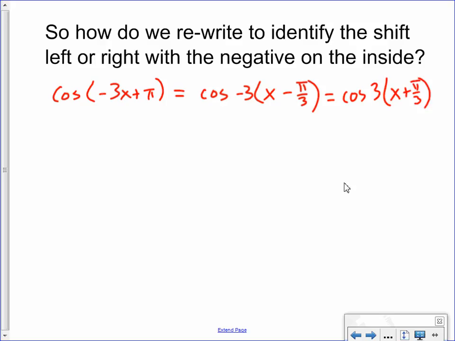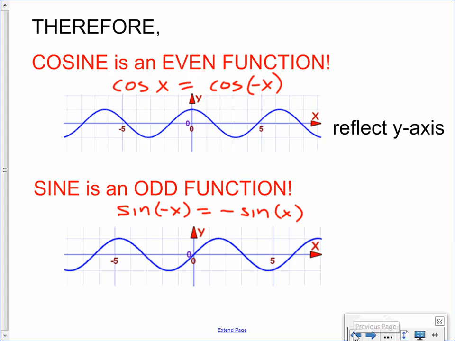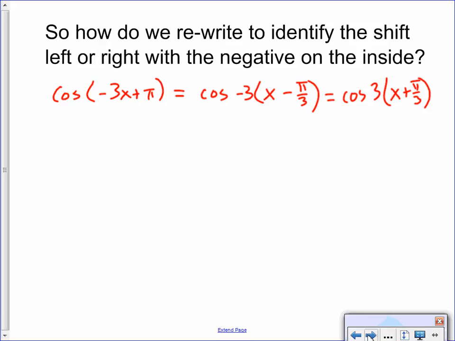Those will all give you the same graph, because the negative on the inside still gives you a positive no matter what. It's even. In other words, if this is f of x, then f of negative x is going to equal f of x for an even function.